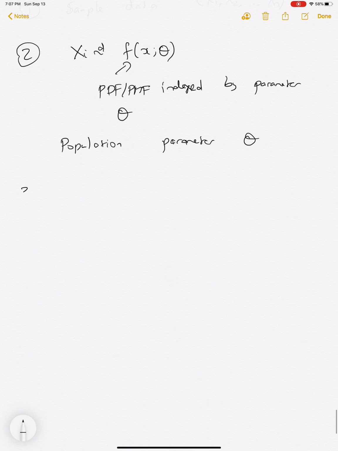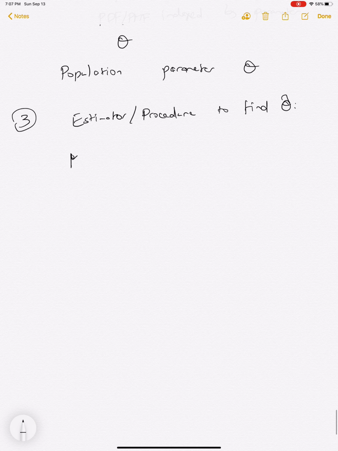And what we've basically spent the last 20-30 minutes talking about is the estimator or the procedure to find theta hat, which is the method of moments procedure. Okay.